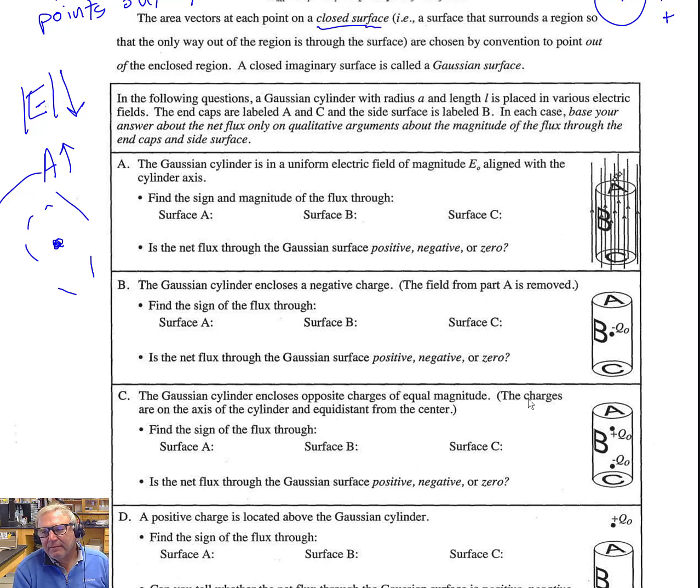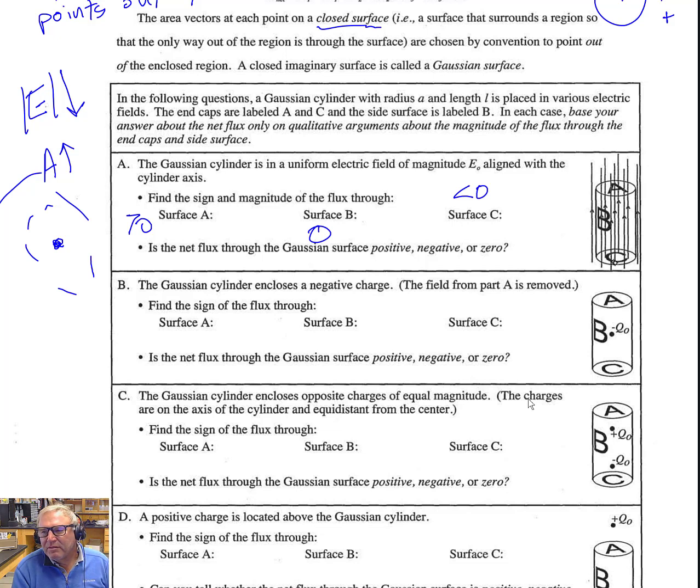So we see that the flux lines come into C, so any flux going into C is going to be less than 0. Flux lines leaving are going to be greater than 0, and flux lines that don't even cross, they're at 90 degrees, so that's 0. Now, sign and magnitude, well, it's just a question of counting.